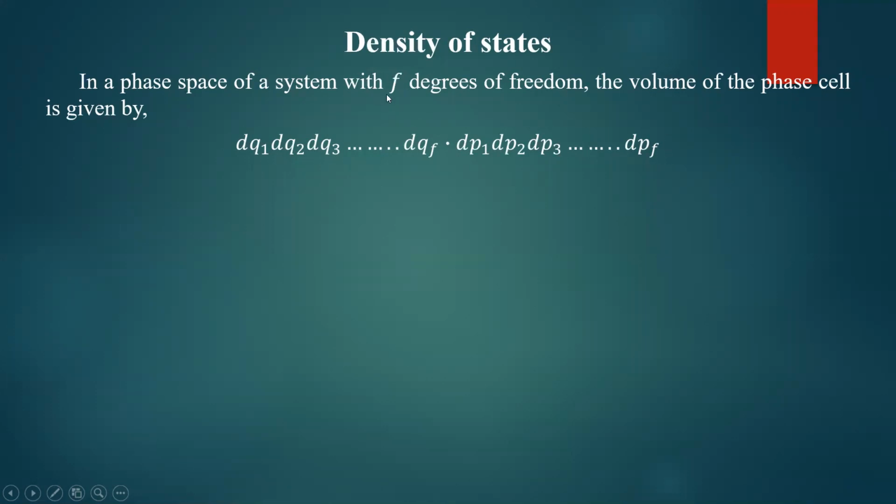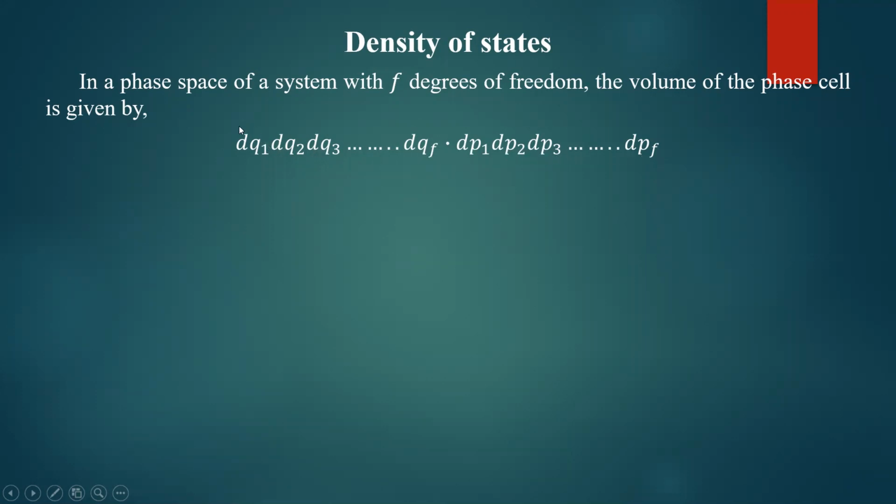Because there are f degrees of freedom, we need f position coordinates and f momentum coordinates. Totally you need 2f coordinates to describe the system. So the smallest element in the phase space is given by dq1, dq2, dq3 up to dqf, into dp1, dp2, dp3 up to dpf.